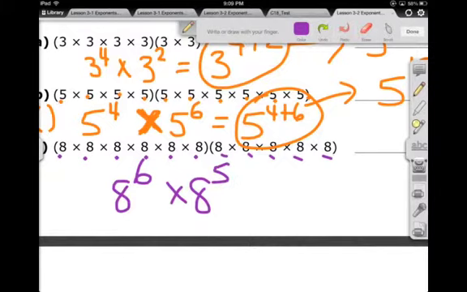Understand that you can only say that it's 8 to the 11th power because the base is 8. You couldn't do this with 8s and 7s. It would be a very different story. 8 to the 6 plus 5. And if you count each one, there's 11 8s being multiplied, or 8 to the 11th power.